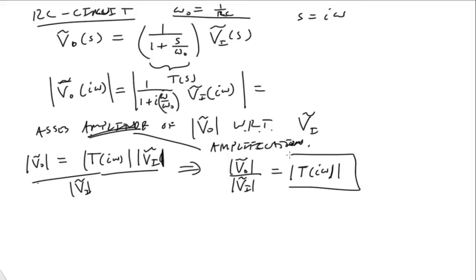So let's now study this object and see what we can get from it. As before, we have T of i omega equal to 1 over 1 plus i omega over omega naught, where omega naught was equal to 1 over RC. I want to know what the magnitude of this is.